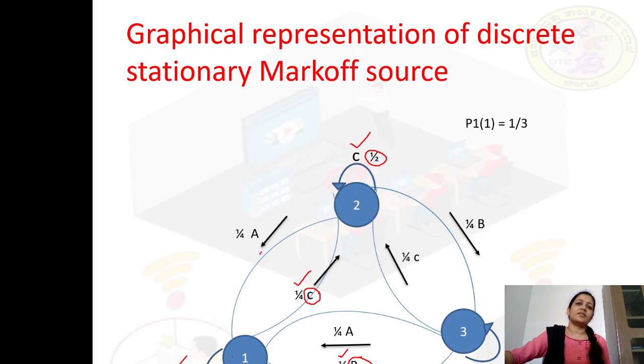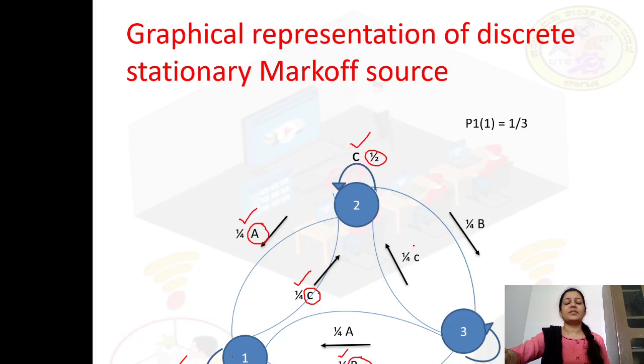Or it can make a transition from 2 to 1, where P21 is equal to 1 by 4, and the symbol emitted during this transition would be A. Similarly, you can analyze the remaining part of the graphical representation.